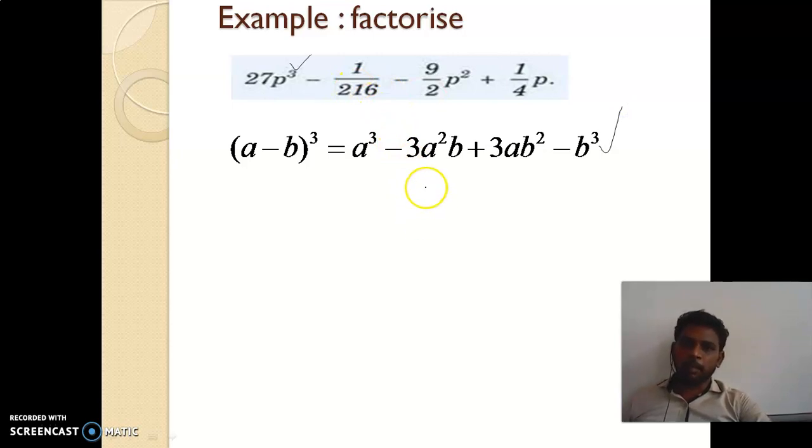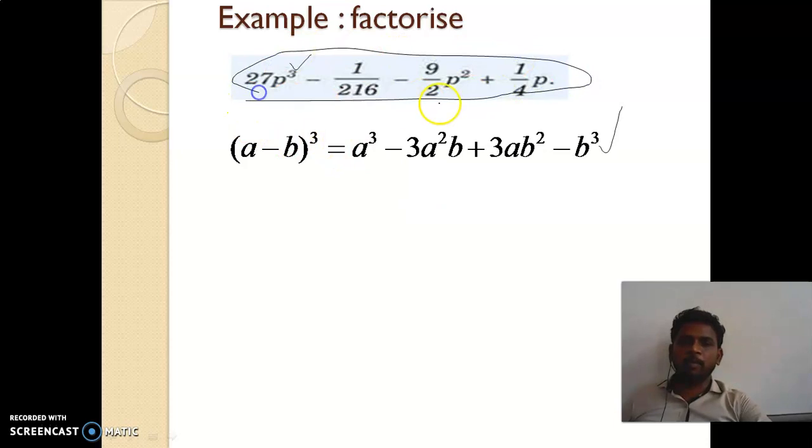Why do we have to use this formula? This expression is nothing but in the form of the right hand side of the formula. Here we need two cube terms. This is one of the cube terms, and similarly from the other three terms, which one is a cube term? Definitely this one, because 216 is a cubic number.